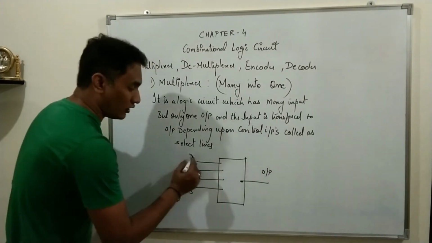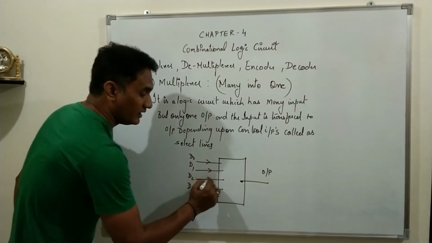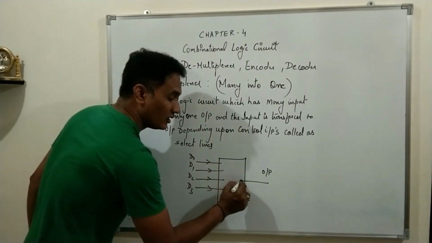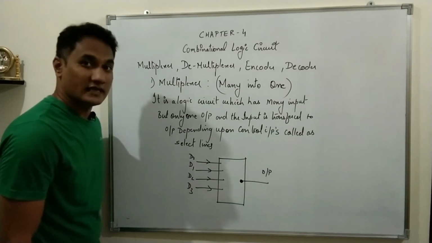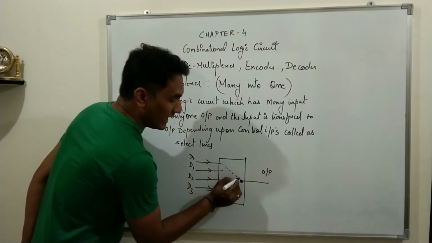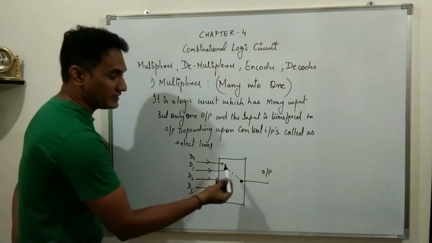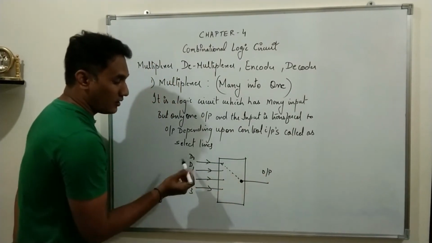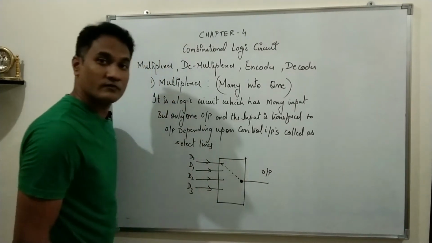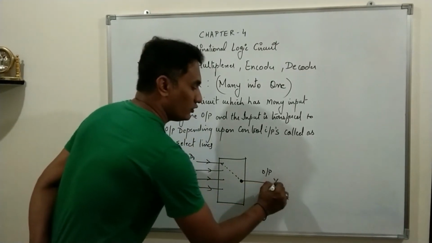The data is coming from many input lines, and the data has to be transferred only to one single output line. So internally multiplexer will have a switch like this. Initially if the switch position is like this, whatever data is present at D0 only will be transferred to output Y.